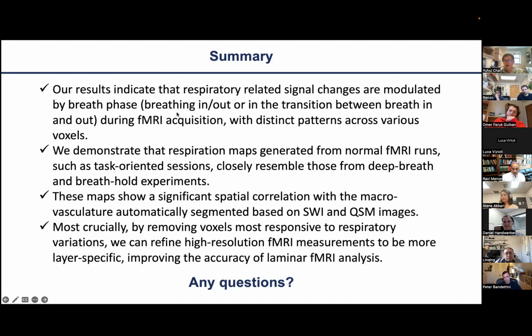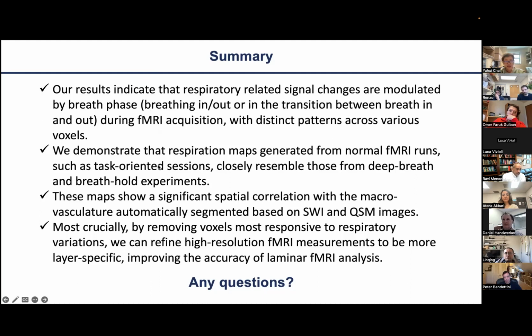And this breath phase related effect could also be very different across voxel locations. Even in the same brain region, nearby voxels could be affected very differently by the respiration effect.